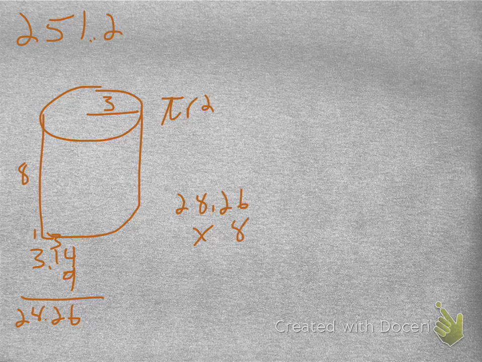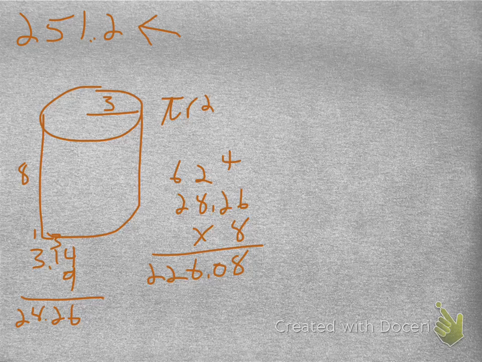Times our height, which is 8. 226.08. So which mug was bigger, Bill or Lori's? Bill's. This one's larger. So there's our answer to A, Bill.